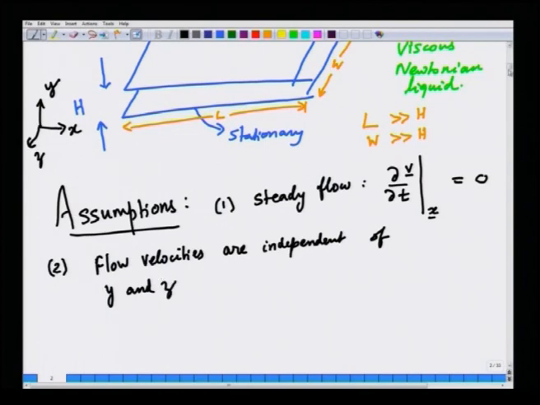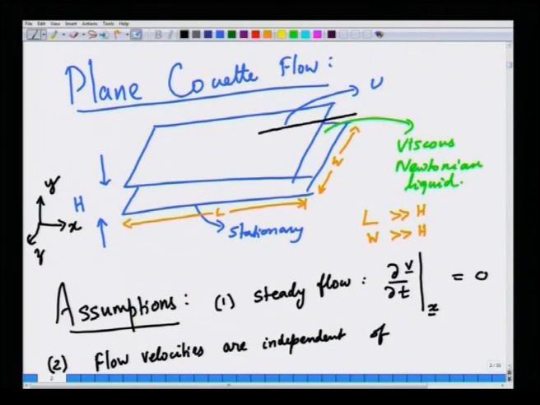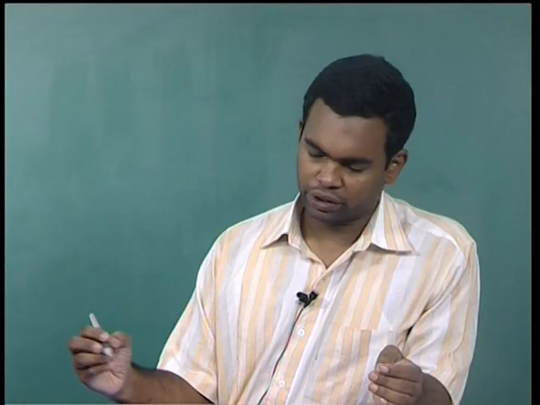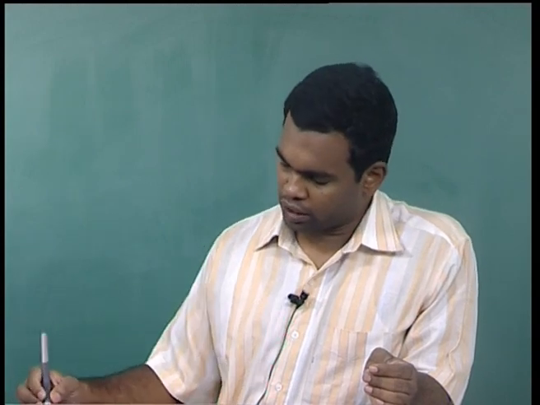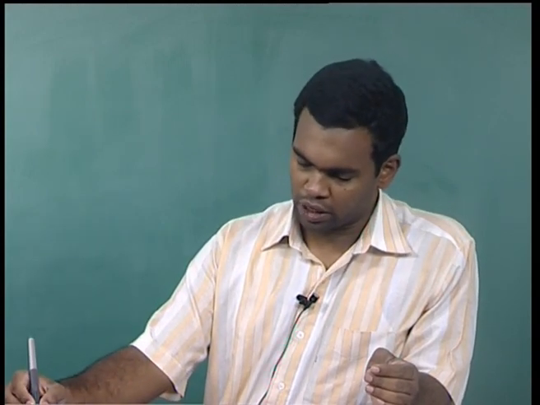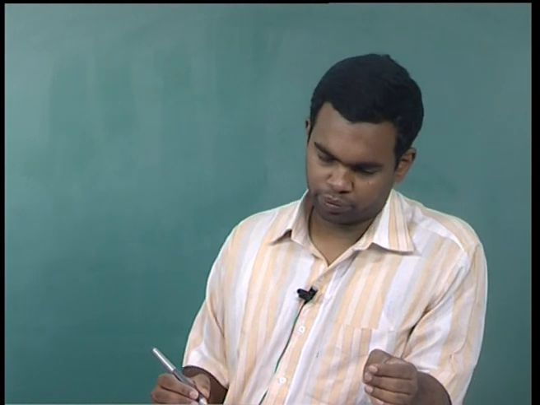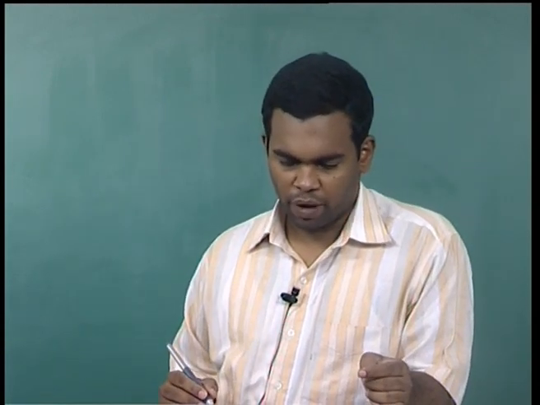And since the plate is moving in the x direction, there is no reason for us to believe that the velocity inside the bulk of the gap is a function of the other two directions. So, we are going to assume that the flow velocities are independent of y and z. That is an assumption that we will make.